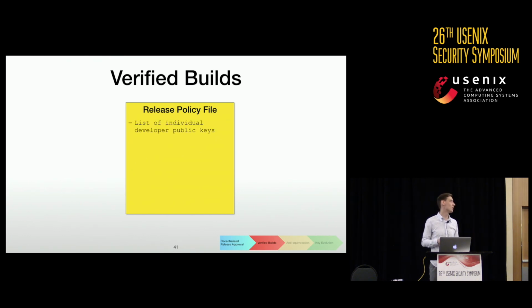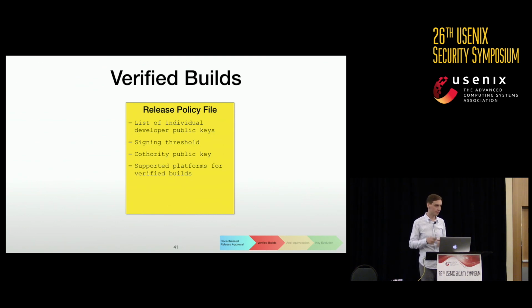As I mentioned, it should be a list of individual keys. It should be a signing threshold, because for a team of 10 developers we want something reasonable like 8 out of 10 signatures. Also it should contain the authority collective public key, supported platforms for verified builds, and some other things too.